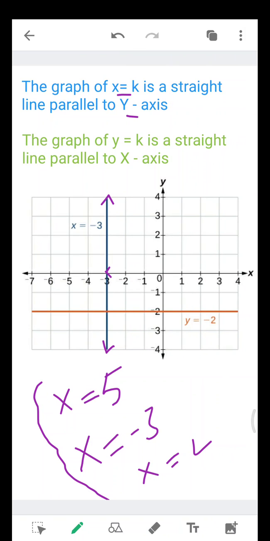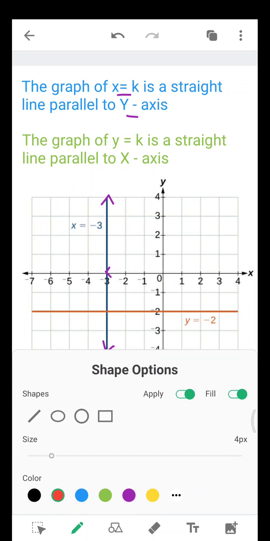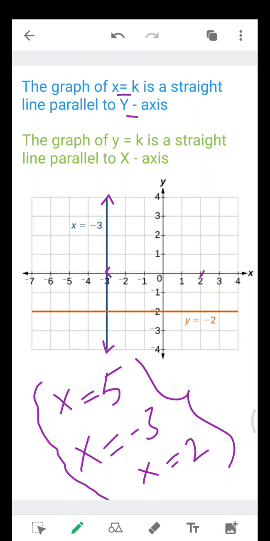Just see if it is of the form x equals something, that will be parallel to the y-axis. If I say x equals 2, how will you draw the graph of this? Where is 2 here? 2 is here.